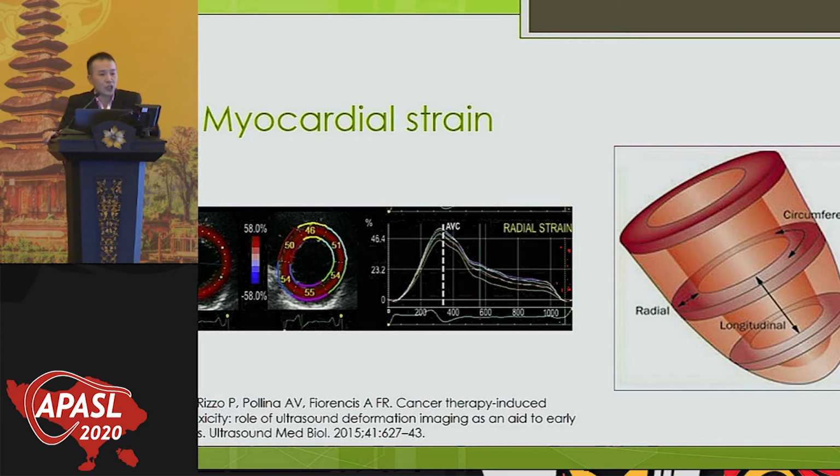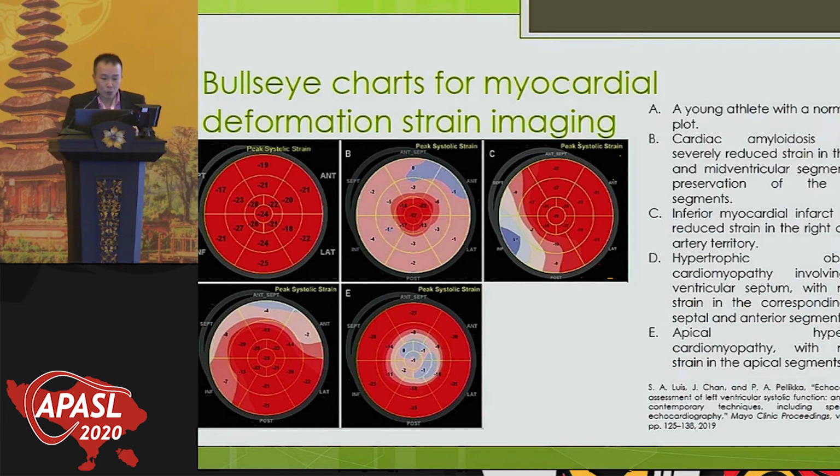When you do an echocardiography study, on 2D echo there are often radial strains, a strain which is noted upon systole. But we're realizing it's not just radial, it's a number of different dimensions, circumferential and longitudinal. We can create these little charts where we can see evidence of myocardial deformation strain.